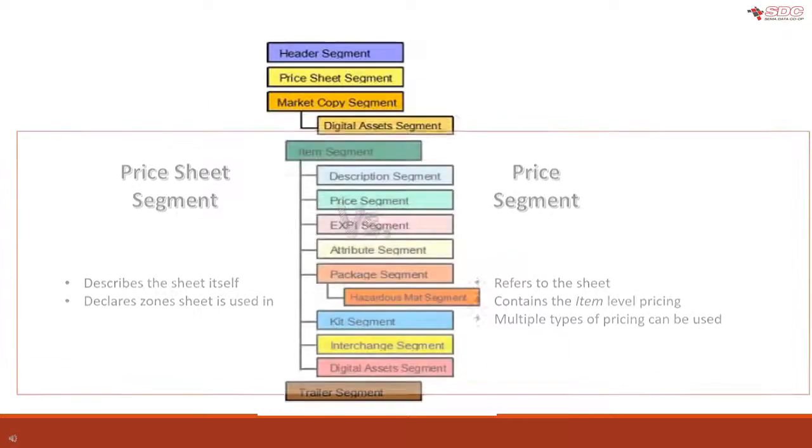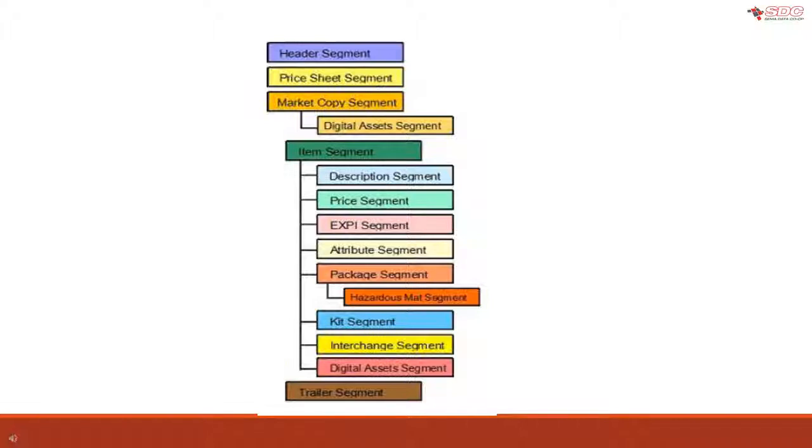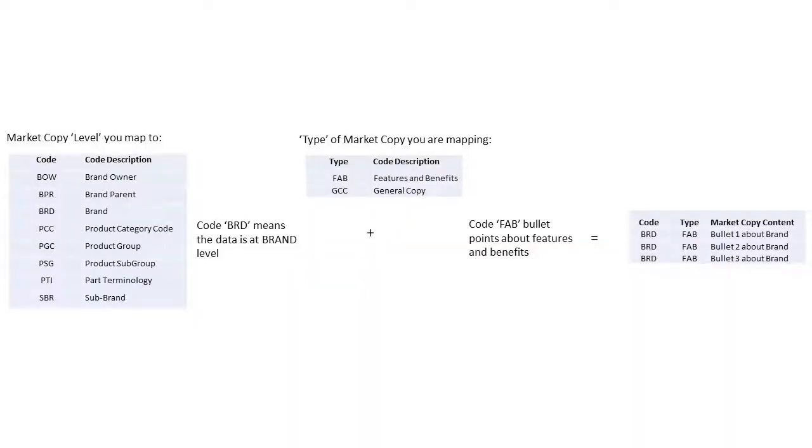The other standalone segment here is market copy. Market copy is an interesting segment because it allows us to send data at a level higher than part number. So anything that gets sent here would be at a special code that would identify if it's a brand or a part type or even a parent category. So there's a handful of ways that we can classify that information.